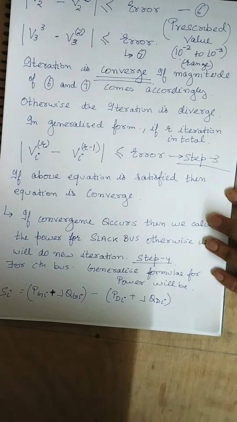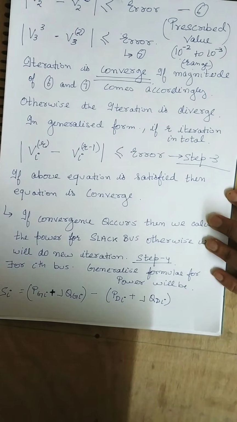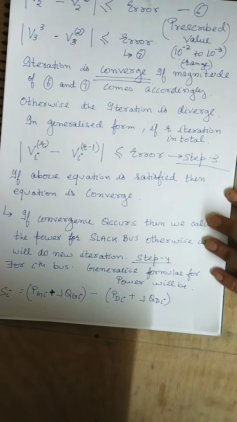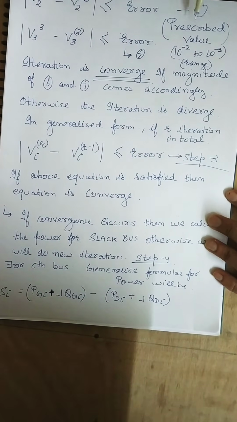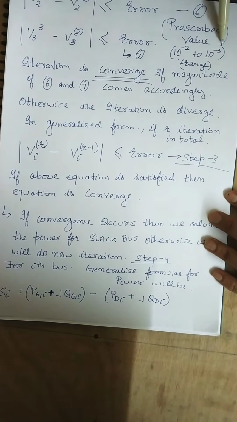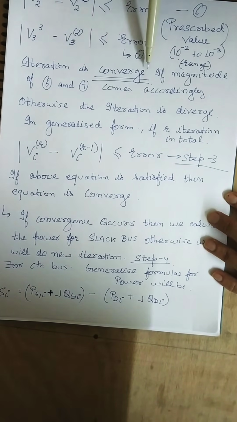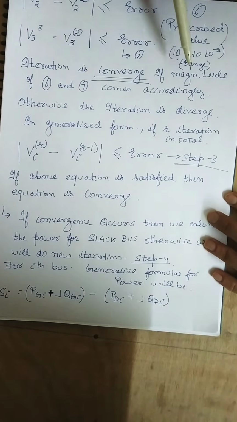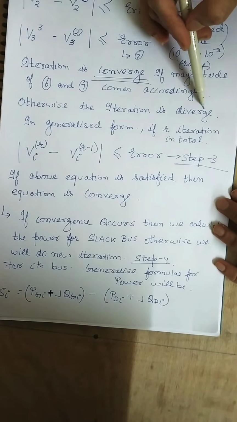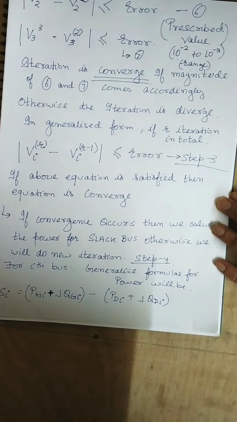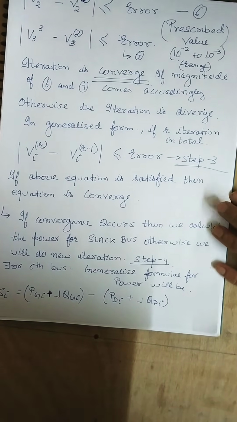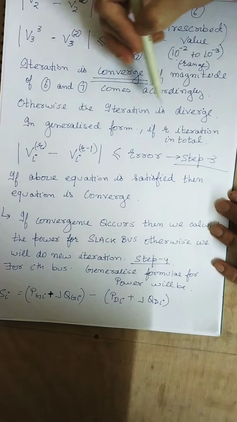If the difference becomes less than or equal to the error, which is already prescribed, the error is always given in the question, typically between 10 to the power minus 2 and 10 to the power minus 3. If the error comes in this order, then the iteration is converged, otherwise the iteration is diverged. It is important to learn when the iteration converges and when it diverges.